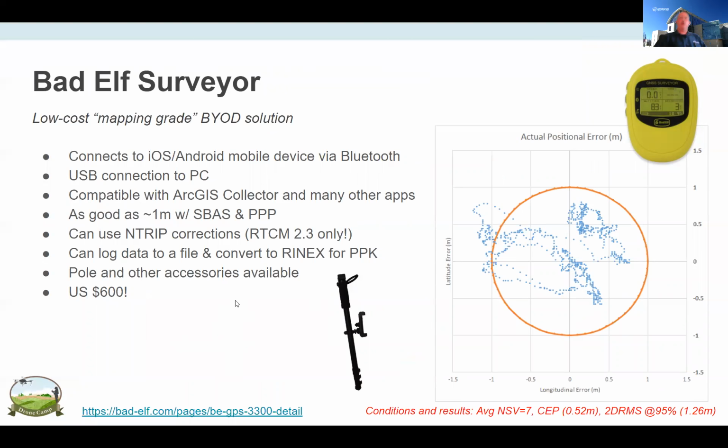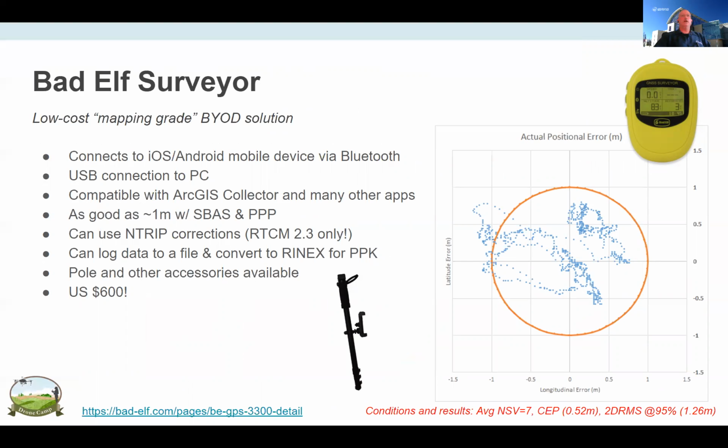Here's a small bring-your-own-device solution that we've just started playing with here at CCUMB. It's made by a company called Bad Elf. It's a Bluetooth unit that can talk to an Android or an iOS device.